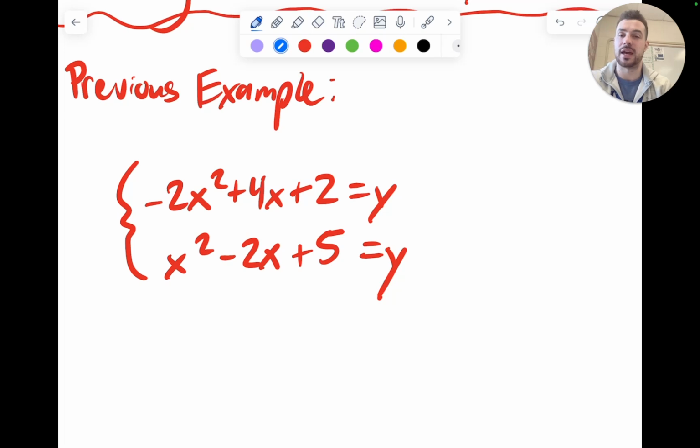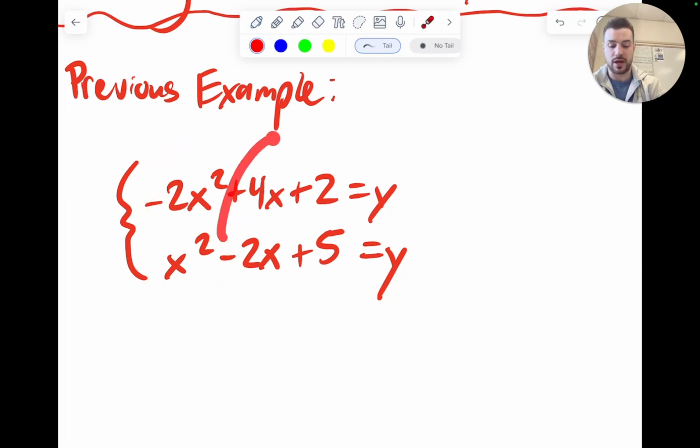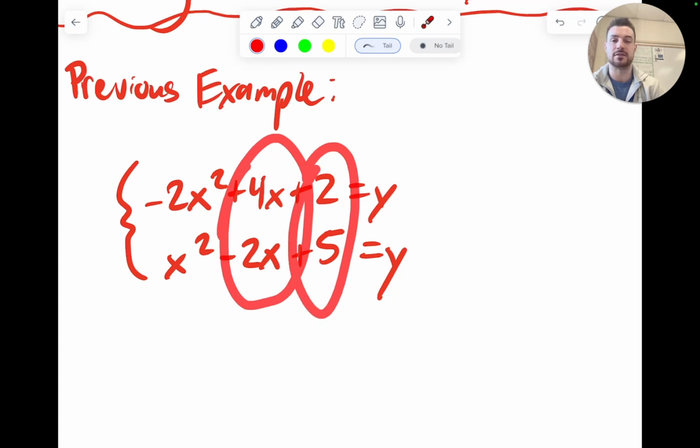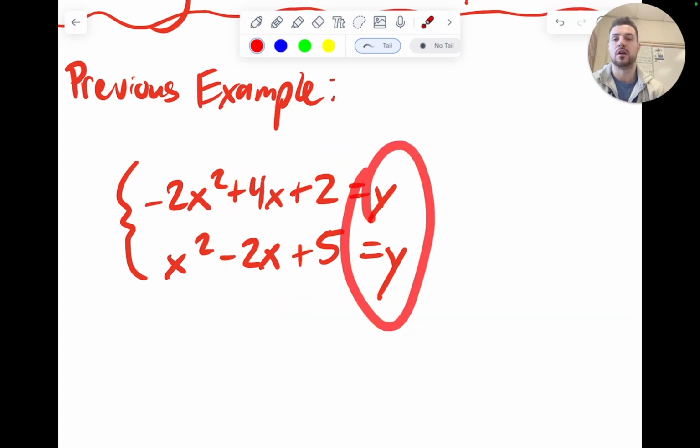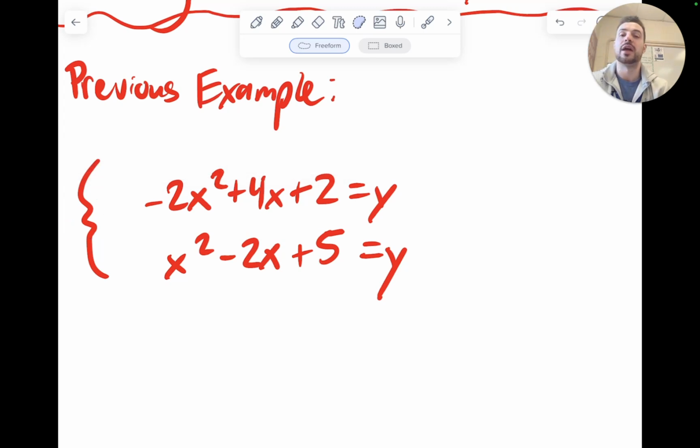Now, in this case, everything works out pretty well for us because if you take a look, our values are lined up. That means we have x squares over each other, we have our x values, our constants, and then our y's. All the variables are organized neatly into rows, so we can solve using elimination. What I need to do is get one of my variables to eliminate the other when I add them together.